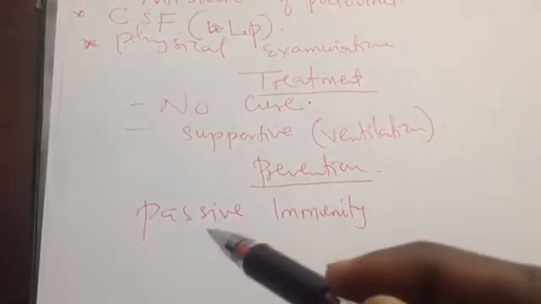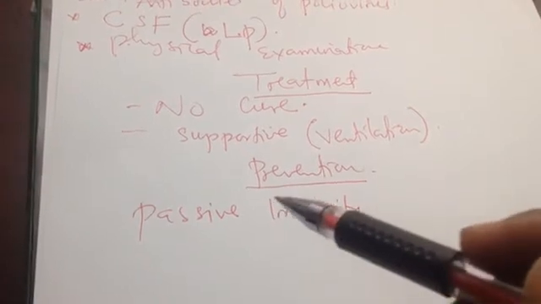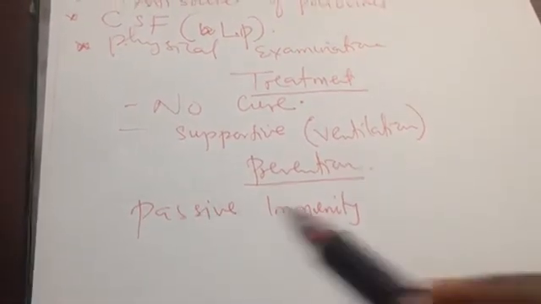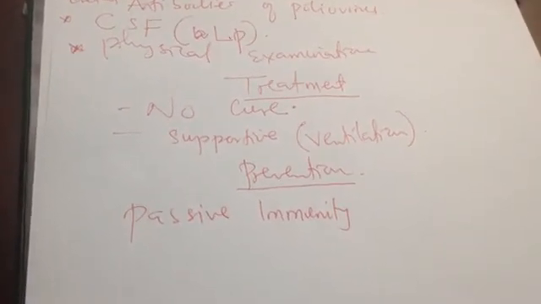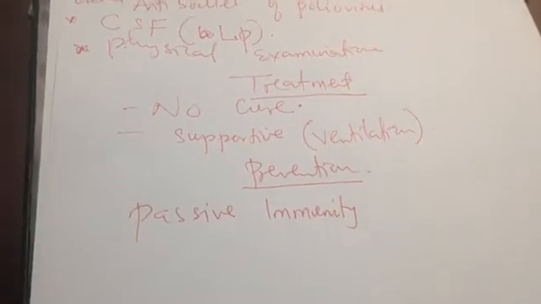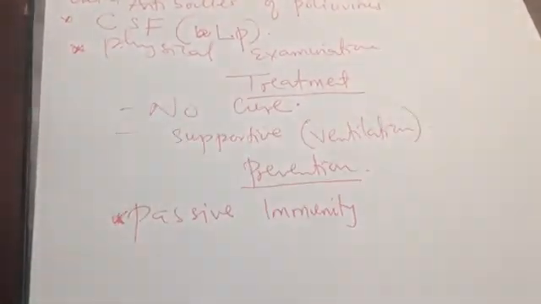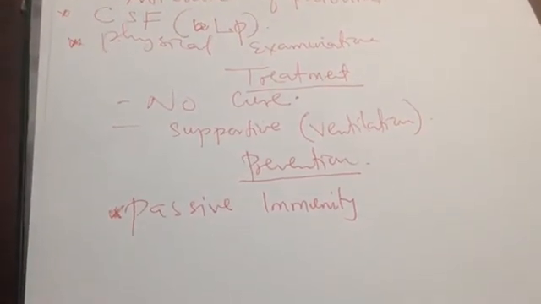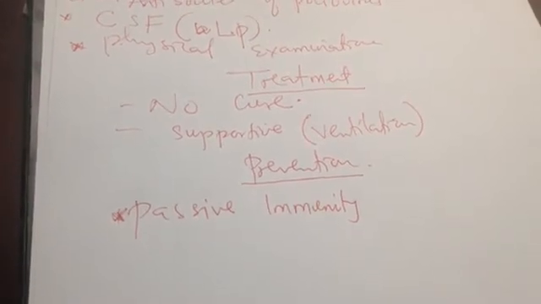This passive immunity is when you take antibodies directly from a person and inject them into another person. That's passive immunity, because those antibodies are not produced by the immune system of the recipient, right? And you can only get this antibody against the virus from a person who has previously contracted the virus or has previously been injected with the polio vaccine, right?